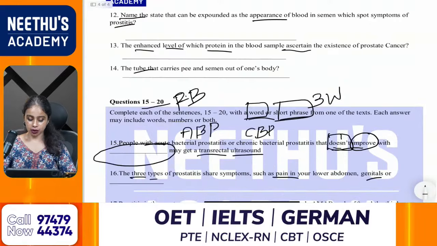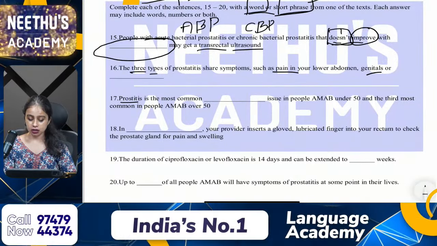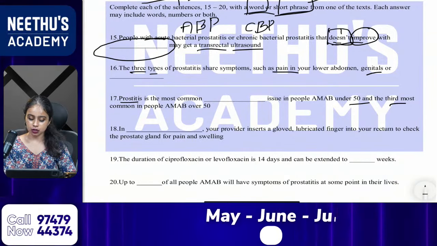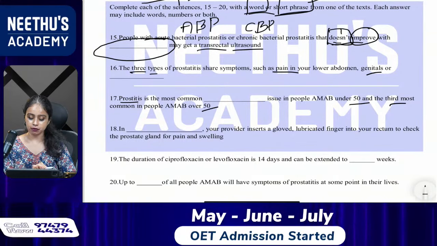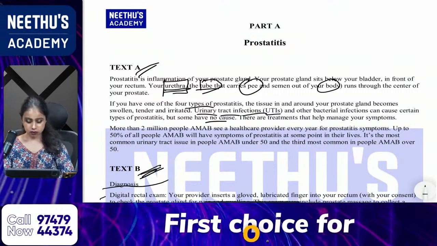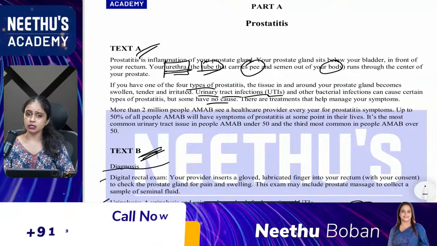Then the 17th one. Prostatitis is the most common dash issue in people AMAB under 50, third most common in people AMAB over 50. Definitely the numbers are from text A, the last paragraph.